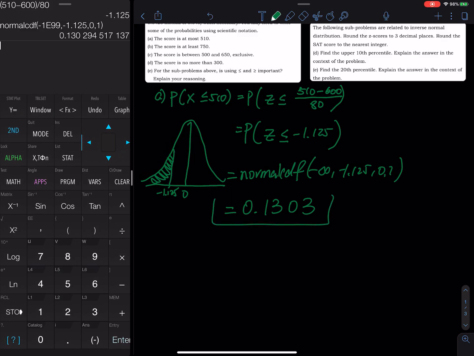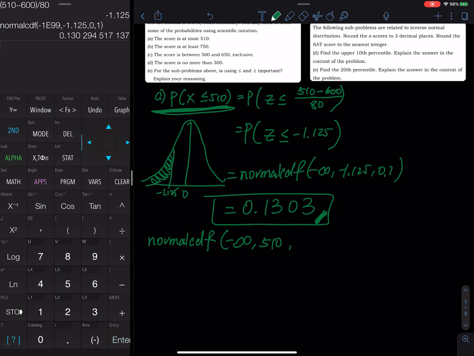There is another way to get this. There is one other calculator command that helps you to get to this answer without showing any work. Let me show you that command. That is a normal CDF. You don't start at the Z, you start at the X. We start at the 510. So less than or equal to 510, that is negative infinity to 510, and then what is the mean?